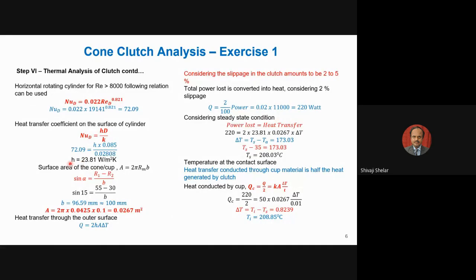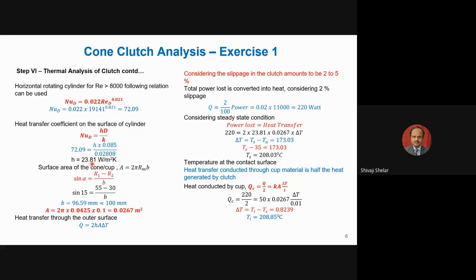Please remember, even though the shaft size is the same, the power transmitted is the same, and the outside atmospheric condition is the same, if the speed of that shaft is changed, the heat transfer coefficient will also change, because as the speed changes, the mean velocity changes, the Reynolds number changes, the Nusselt number changes, and so h changes. They are correlated to each other. So heat transfer coefficient evaluation is quite a difficult and tricky task, and for that you need to refer to the heat transfer data book.